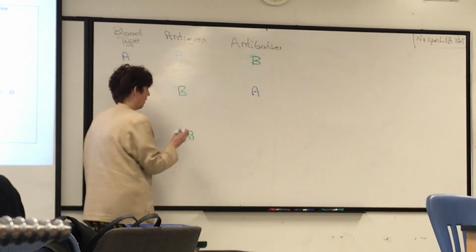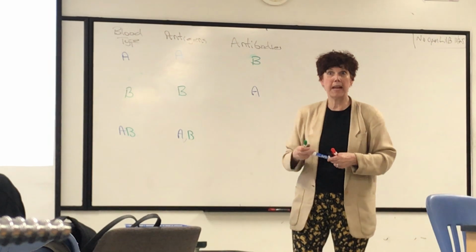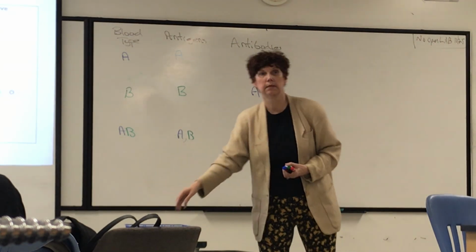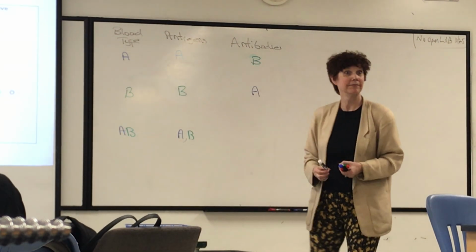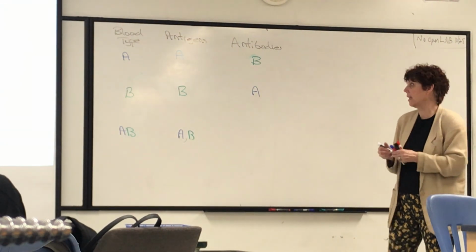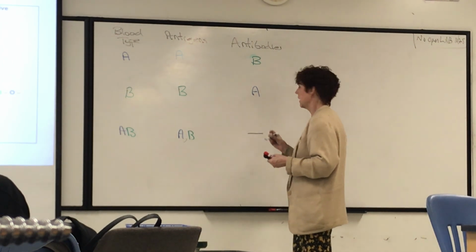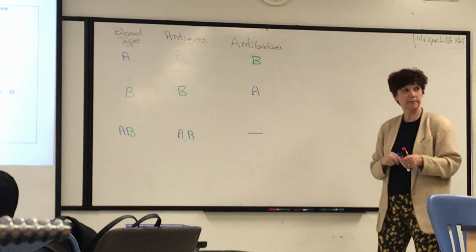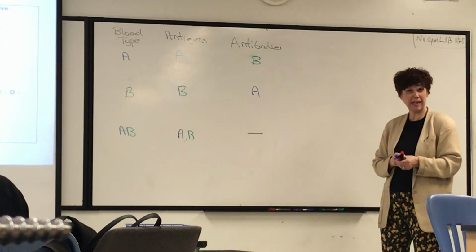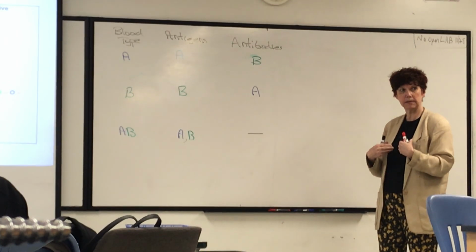All right, since I have both the antigens, I won't make antibodies, because I would be making antibodies against my own antigens, all right? So blood type AB is not going to have any antibodies. Clear so far? Okay.